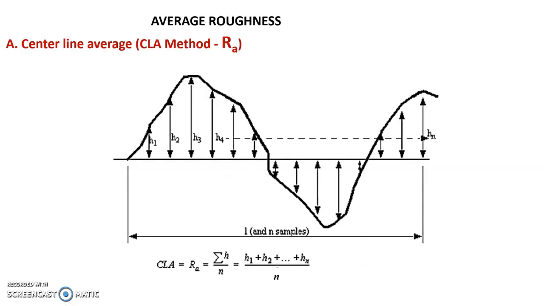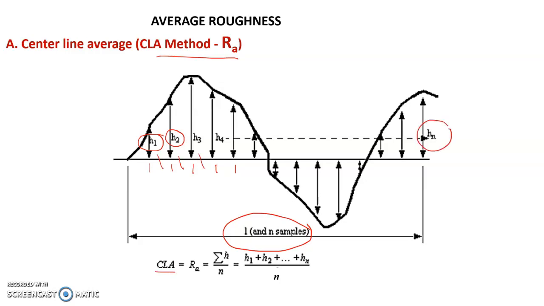The first method in average roughness is the centerline average, that is the CLA method. In the CLA method, throughout the sampling length, we divide it into an equal number of parts, and for each division we measure the height from the mean center line to the profile, recorded as H1, H2, H3 up to Hn.